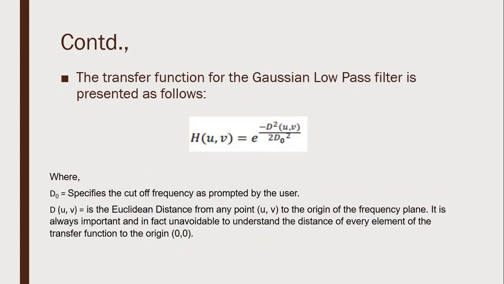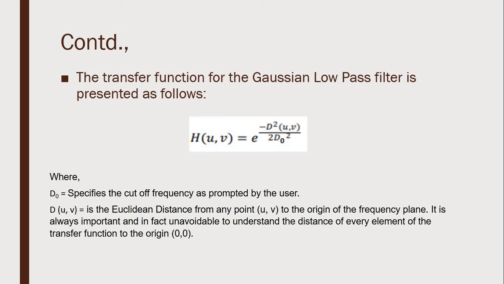Well, the transfer function for the Gaussian low pass filter is presented in front of you. H of u comma v is equal to e to the power of minus D squared of u comma v divided by 2 D0 squared. So you can see that here. Now, what is D0? It is nothing but the cutoff frequency as prompted by the user. We have clearly explained what exactly the cutoff frequency is in the previous sessions as well.